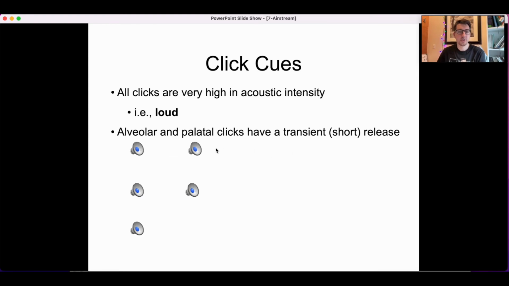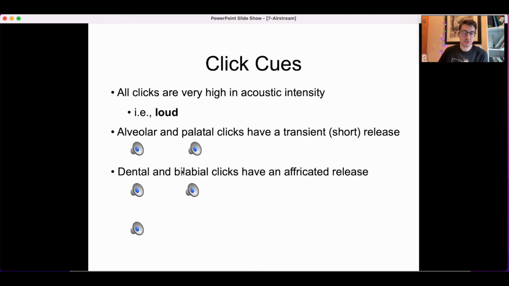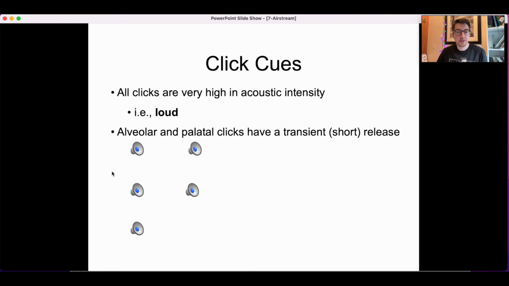Yeah, and this one doesn't work, but something like, yeah, maybe I just produce dental rather than alveolar, because these are very short, and in comparison to dental and bilabial clicks, they do not have affricated release. But dental and bilabial clicks have some affrication, like in ch, like you are producing some kind of saliva there.